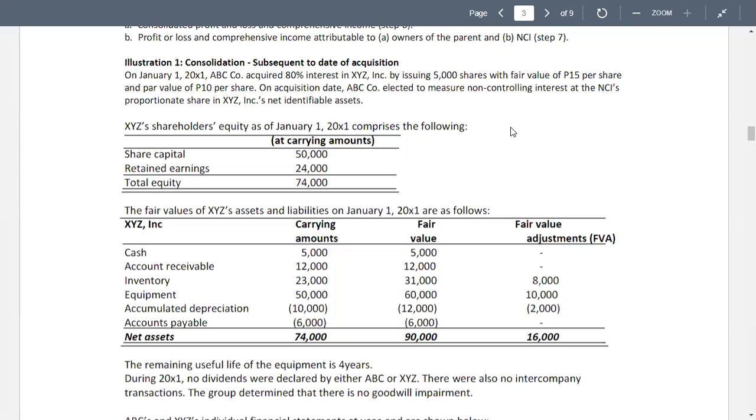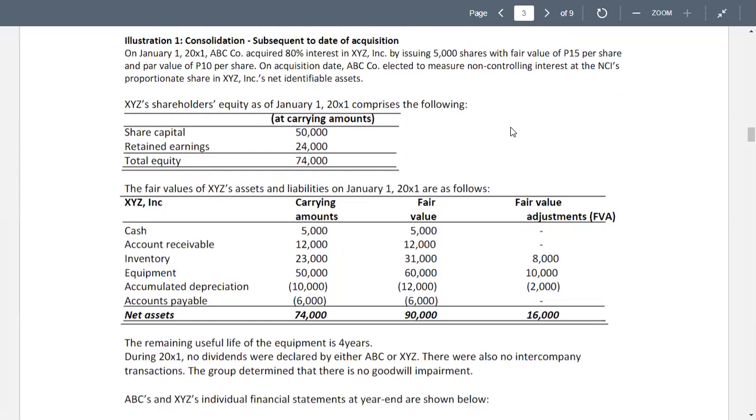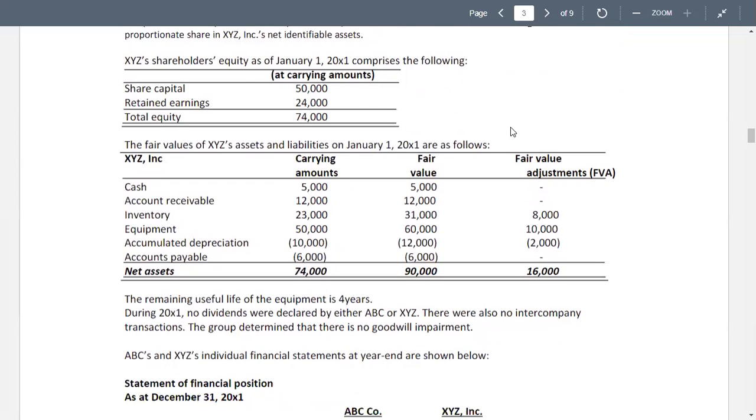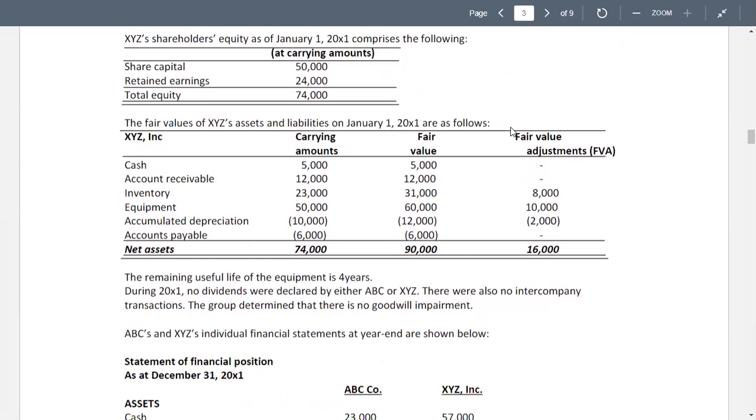During 20X1, no dividends were declared by either ABC or XYZ. There were also no intercompany transactions. The group determined that there is no goodwill impairment. Okay, so no goodwill impairment, meaning no adjustment in the amounts of the goodwill. ABC's and XYZ's individual financial statements at year-end are shown below.